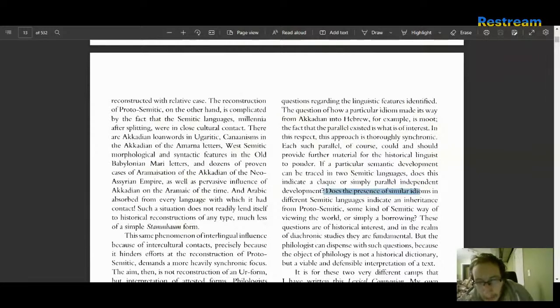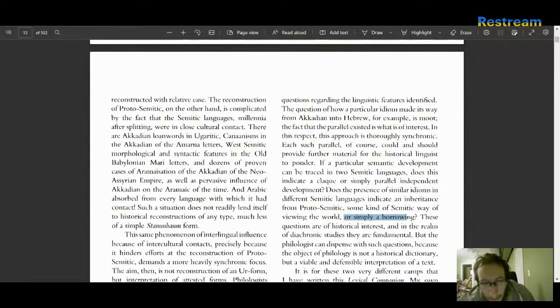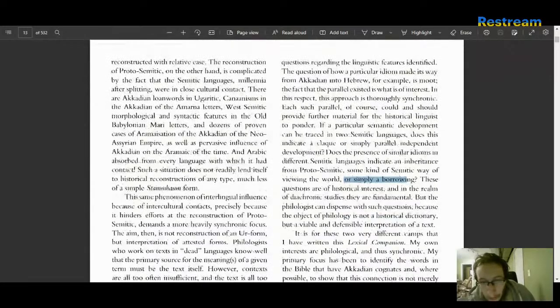Does the presence of similar idioms in different Semitic languages indicate an inheritance from the original Hebrew or Proto-Semitic, some kind of Semitic way of viewing the world, or simply a borrowing? These questions are of historical interest, and in the realm of diachronic studies, they are fundamental.